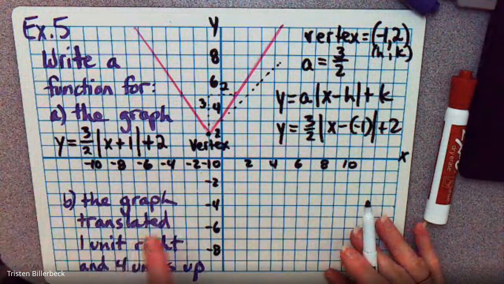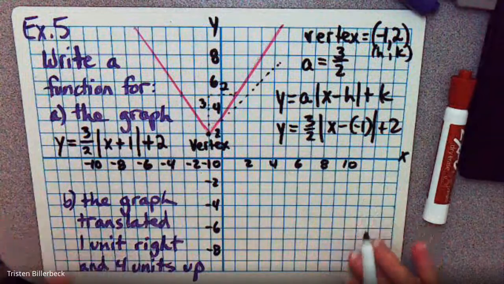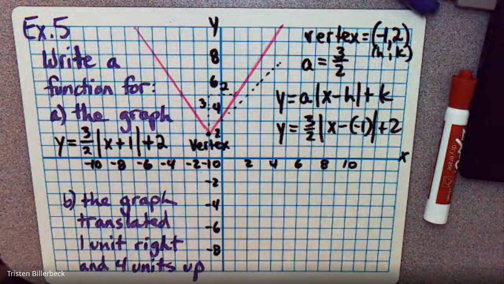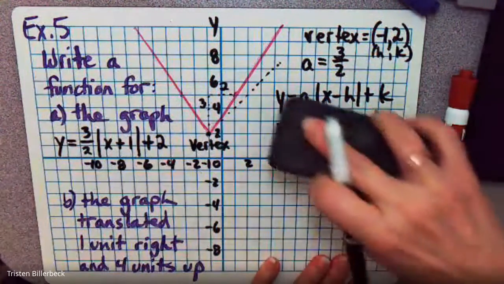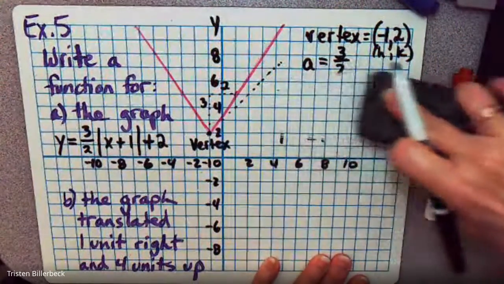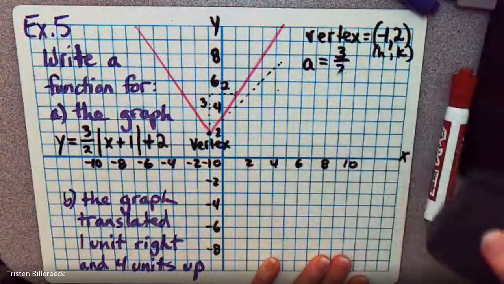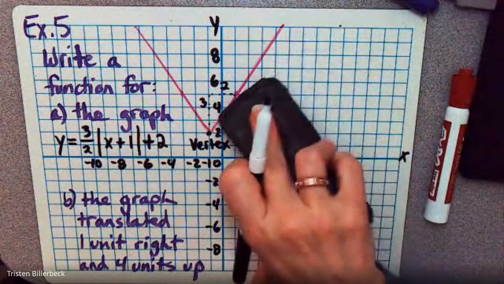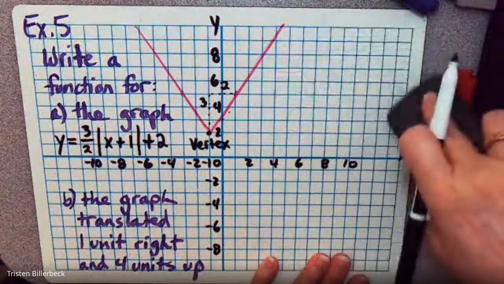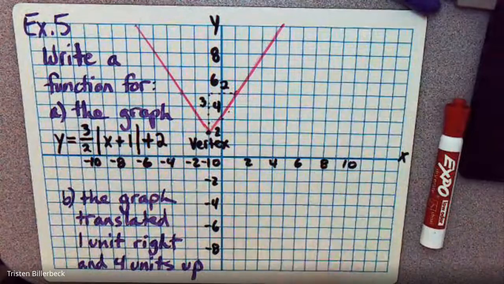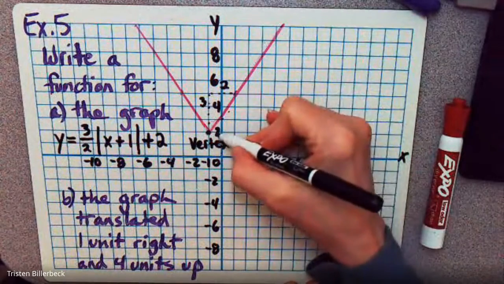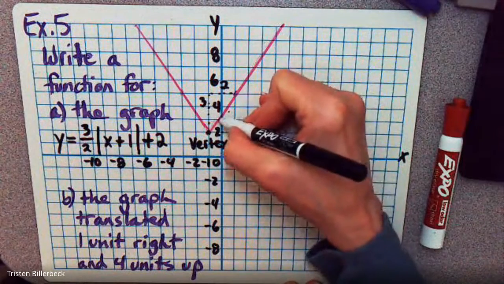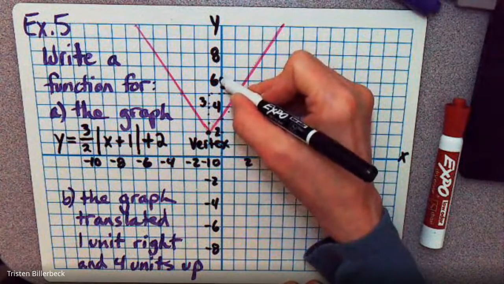So now if we take this graph and we translate it right 1 and up 4 units. Okay, so let's get some room here. And fasten our seatbelts. Could be a bumpy ride. Just joking. Okay, so we're going to move 1 unit right here, and then 4 units up. 1, 2, 3, 4.